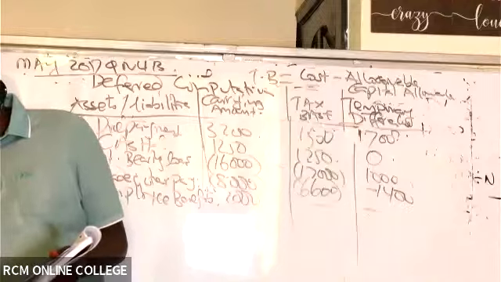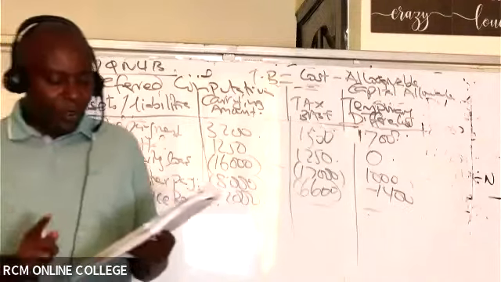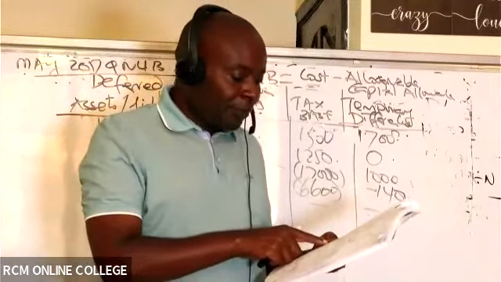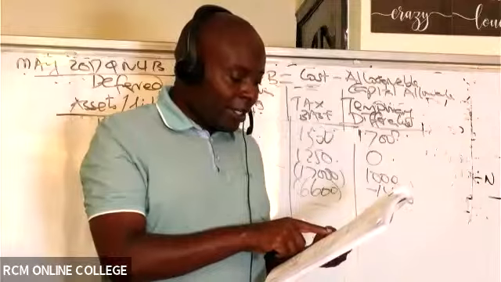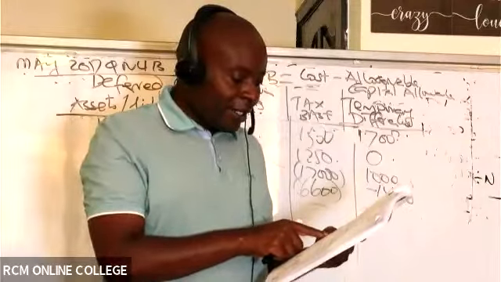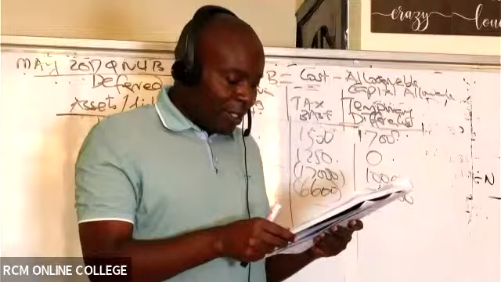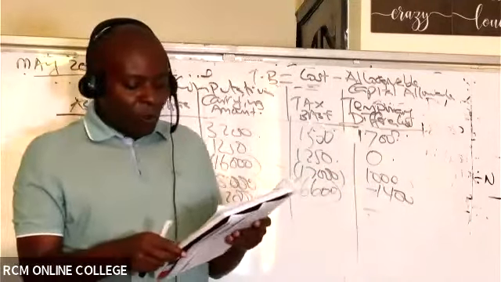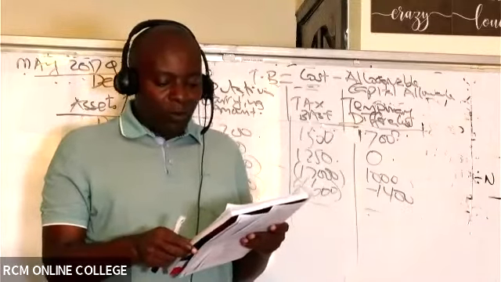Esther Arubi is asking, how do you get that 6,600? Thank you, Esther, for asking that question. Remember, they have told us it was something to do with 1,400 given in note number 5. Note number 5, trade and other payables include provision for leave allowance of 1,400.